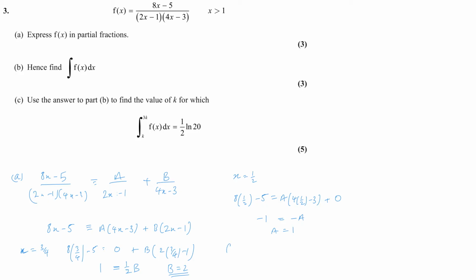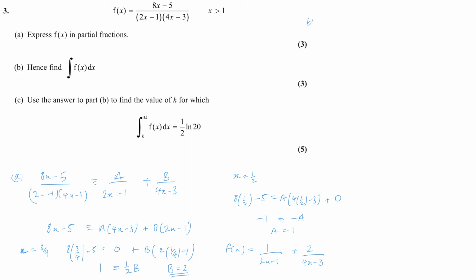Okay, so therefore my f of x is equivalent to 1 over (2x minus 1) plus 2 over (4x minus 3). And you should always state this at the end, f of x, or the whole thing if it doesn't have an f of x there, but you need to make sure you state that at the end.